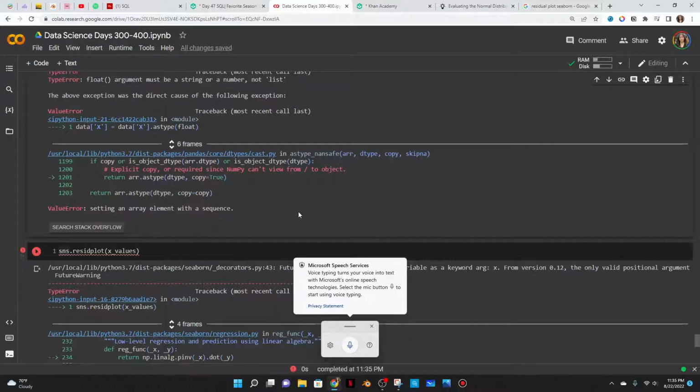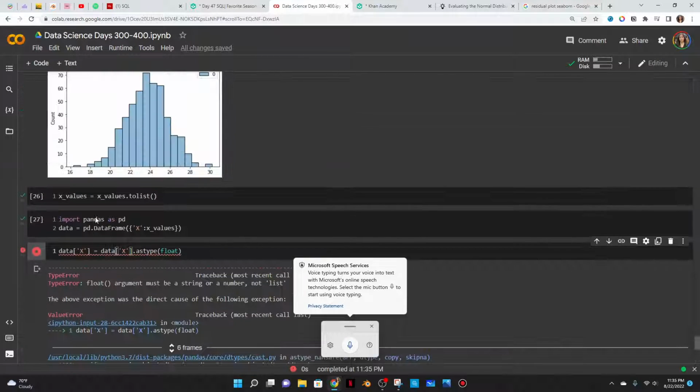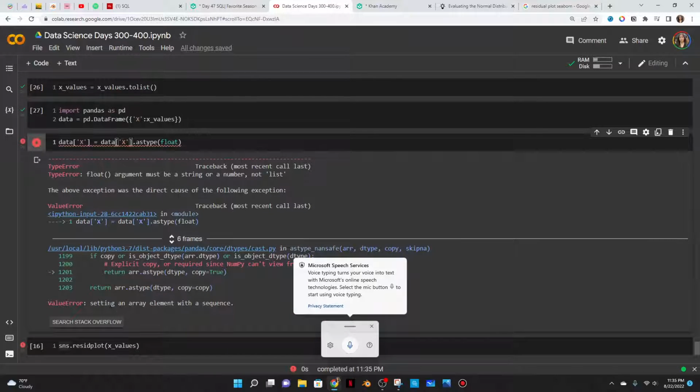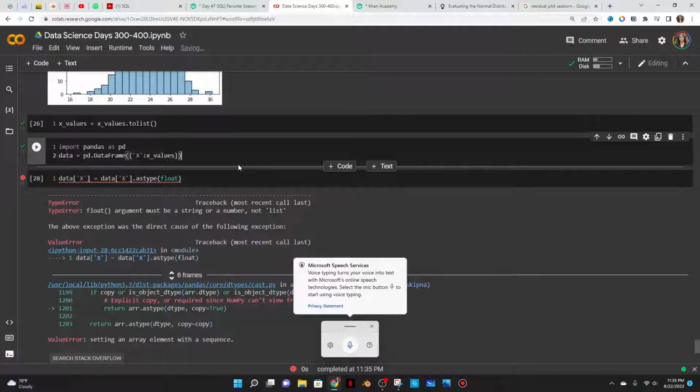All right, so let me reload everything again and run and now see what's happening. Setting an array element with a sequence. Why is that an issue? So data x values, because now it's a list.